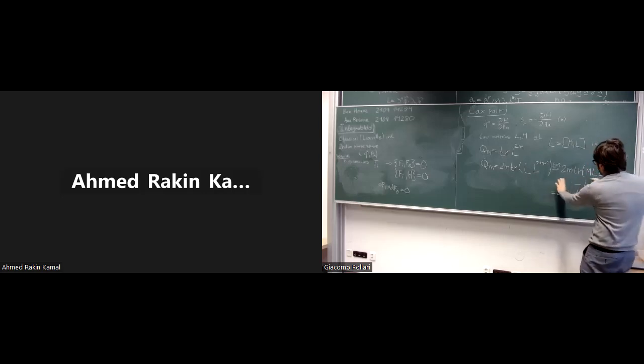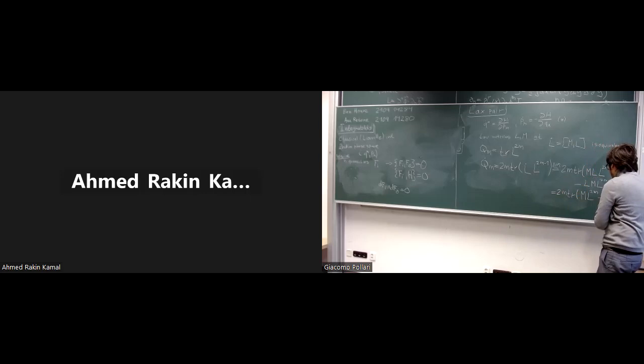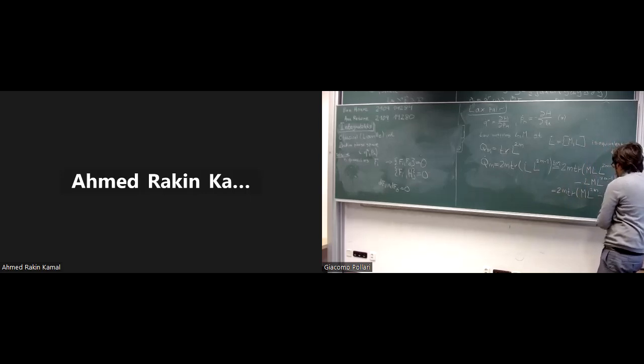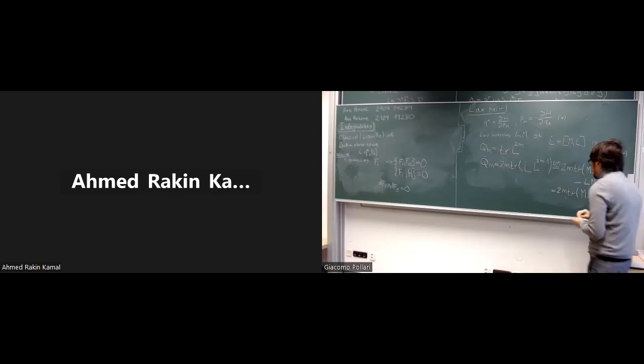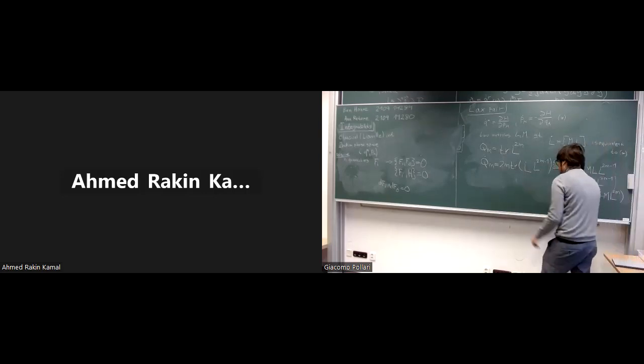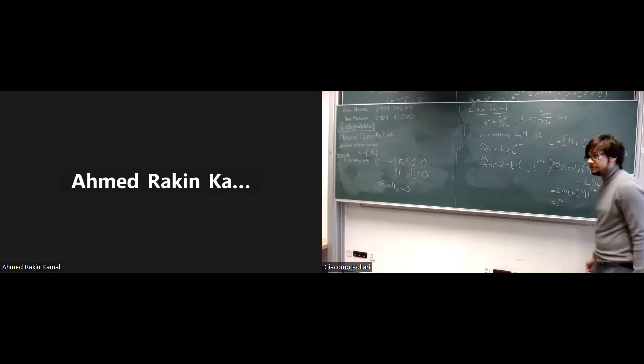So I can move this to the left, and I'll have n first and then L to the n minus 1 and L on the right, which is also this, because L commutes with itself. So we just move this to the left, and this is 0, so Q n dot is 0. And then you have these charges.